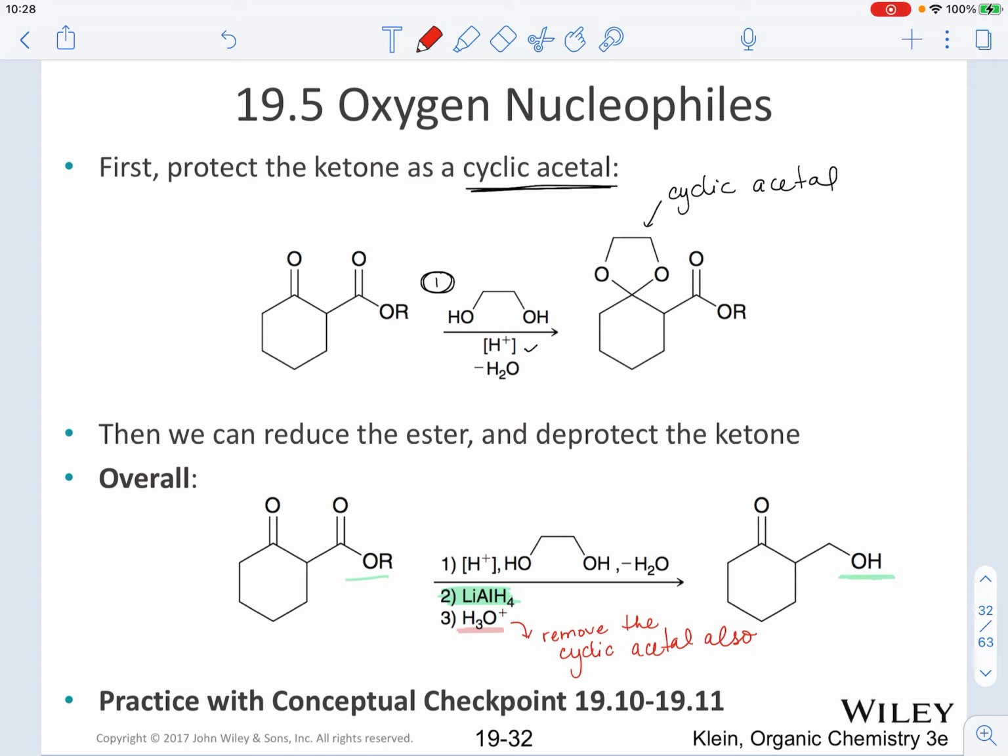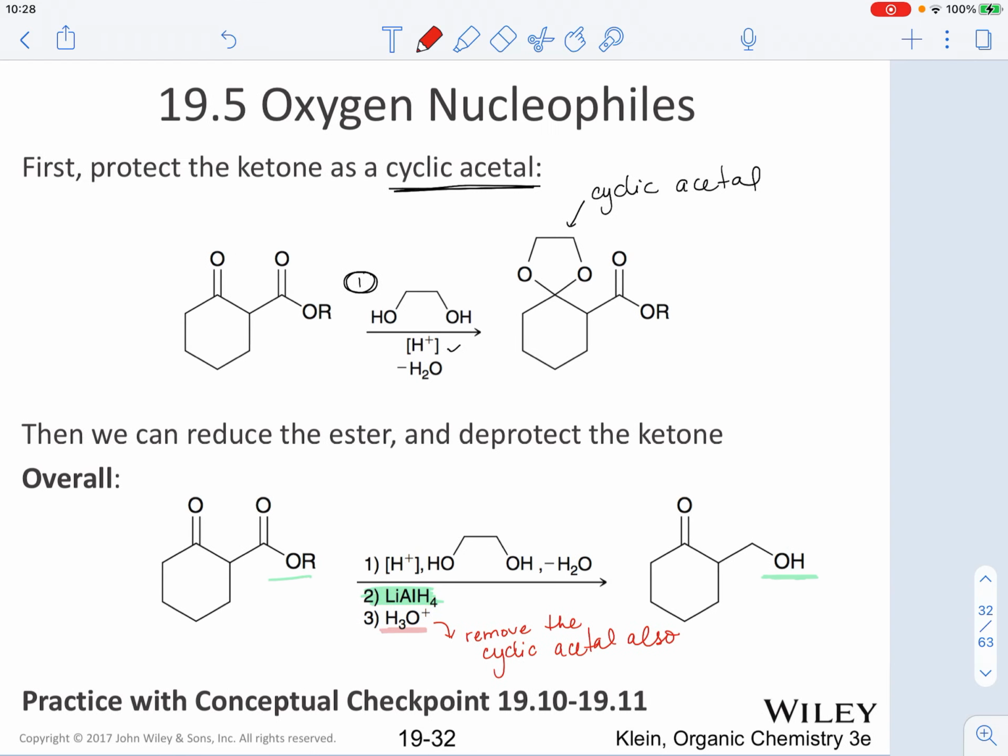So in that third step of the reaction, we will be removing the acetal, and that's how the ketone gets regenerated and our alcohol gets protonated.